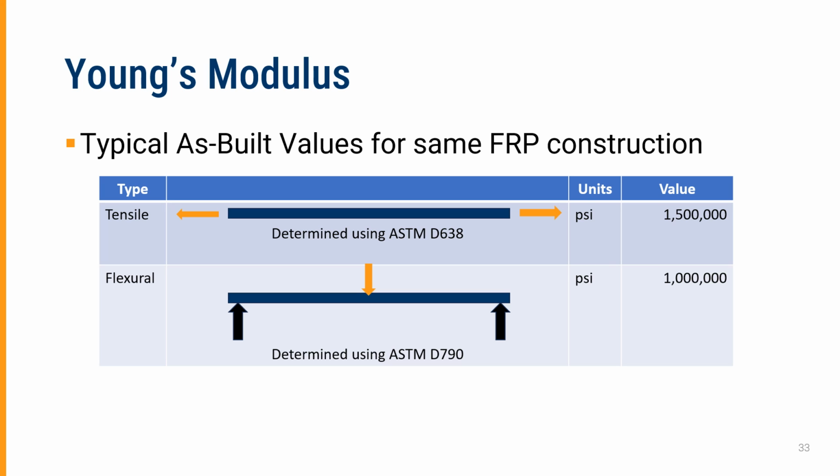The flexural Young's modulus of the same construction under the same conditions, determined using a 3-point bend test in ASTM D790, is about 1 million psi, and that's somewhere on the order of 7 GPa.